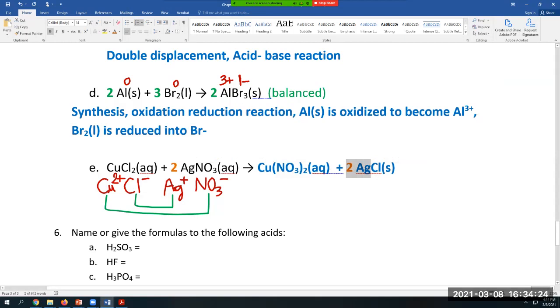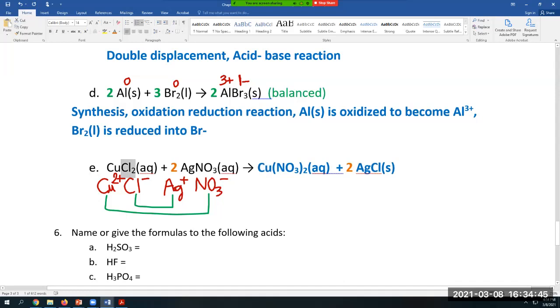And that balances the dichloride, because you see 2 chloride on the left, 2 chloride on the right. So that balances the chloride. And then copper is still balanced here, 1 on the left, 1 on the right. So let's check. Copper, we have 1 on each side.